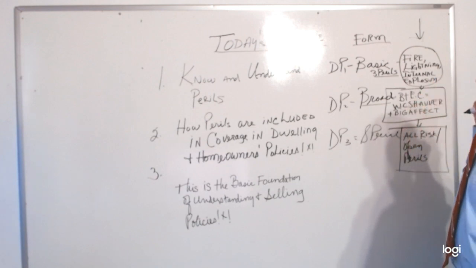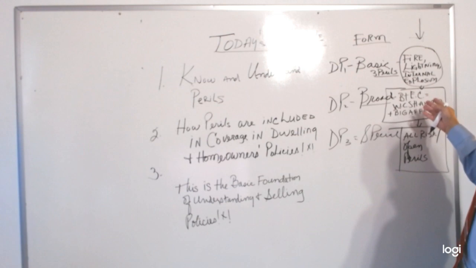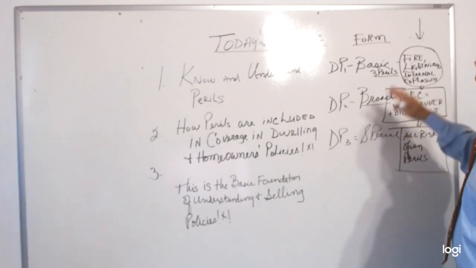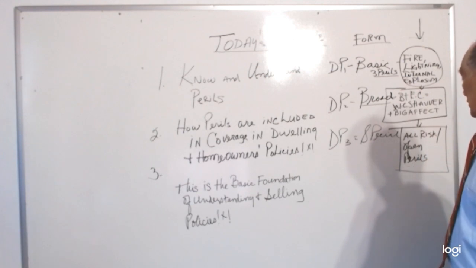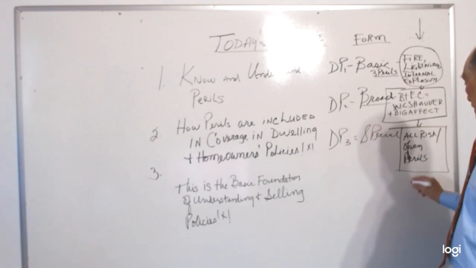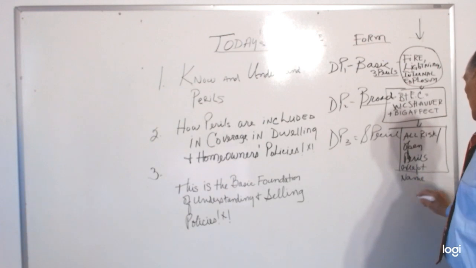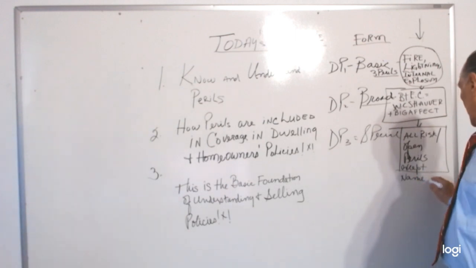Then we have extended coverage, W.C. Schaefer, big effect. All these things are included in all risk or open perils, except what we call the named exclusions. Named exclusions, and there's a list, we will give it to you.